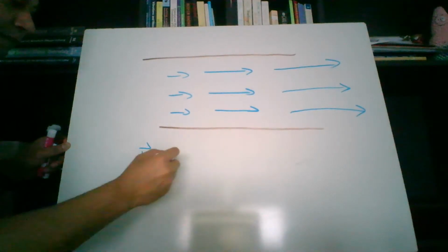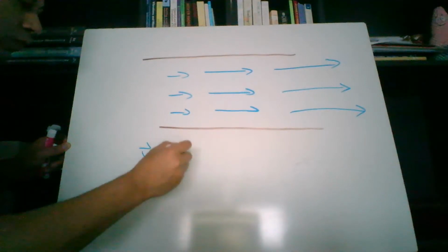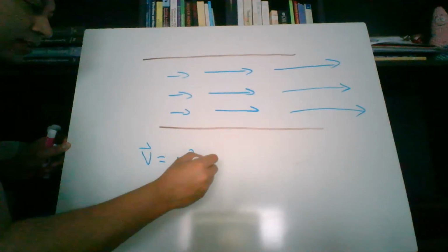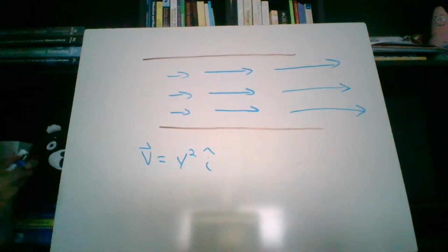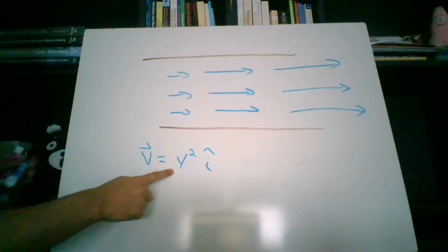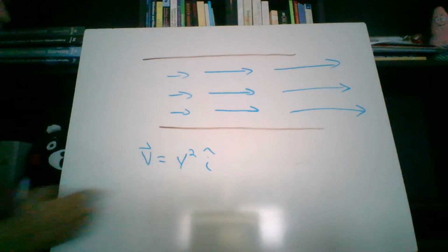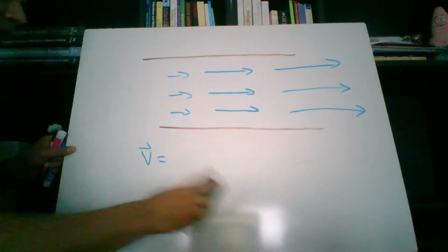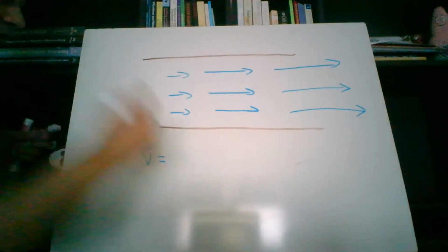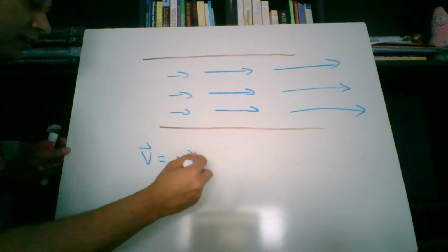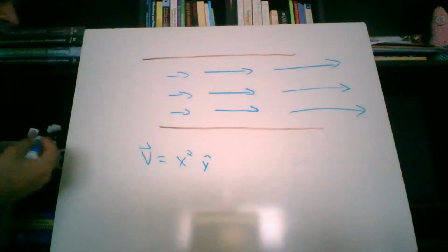It could be y squared in the i hat direction. So what this is saying is that as you, am I saying that right? No. It would be x squared in the y hat direction.